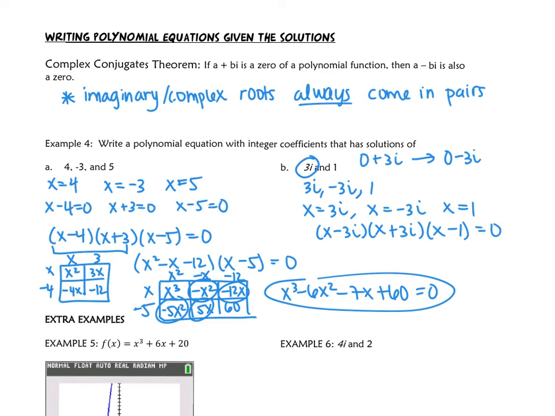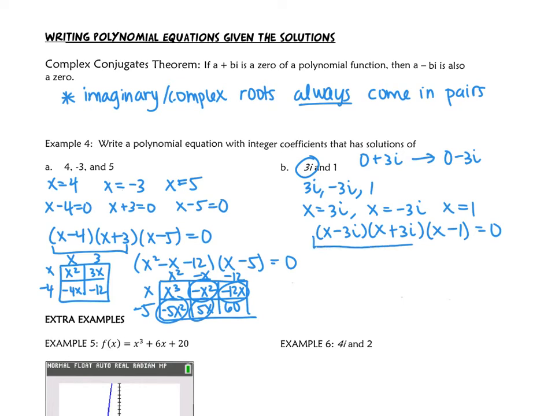I need to multiply out though, so I'm going to erase some of this so that I have some more room. Okay, I'm going to help you out a little bit more and then have you all finish the problem. Let's be honest, nobody likes i, so let's get rid of i first. We're going to start by multiplying these two.